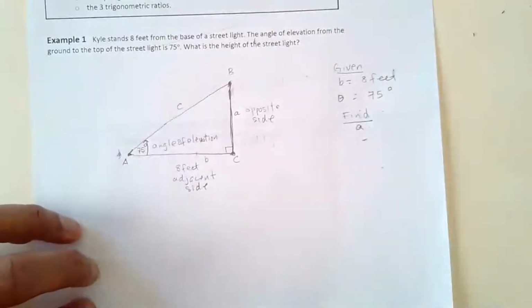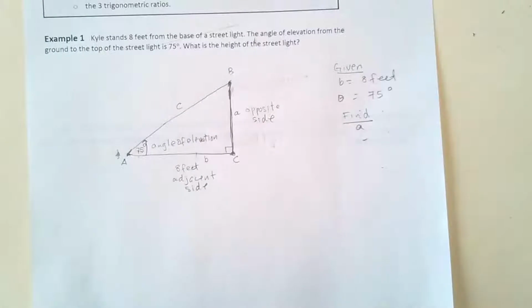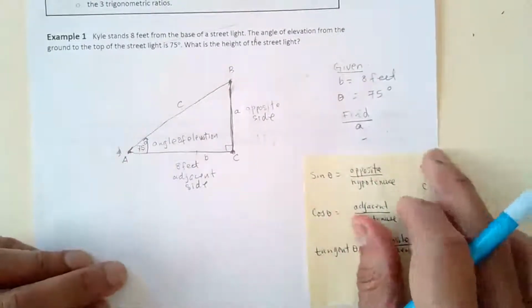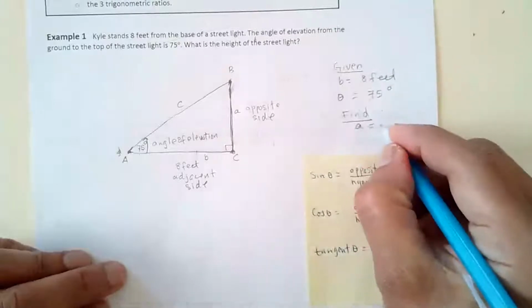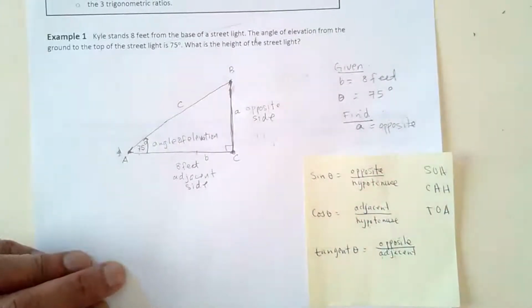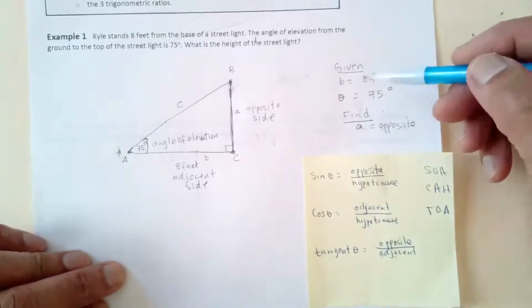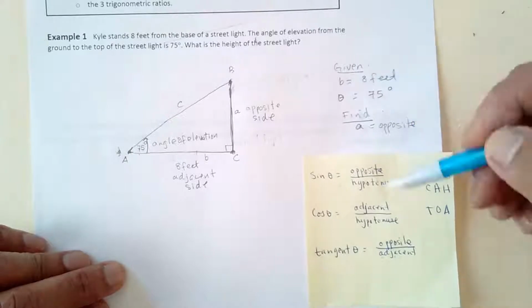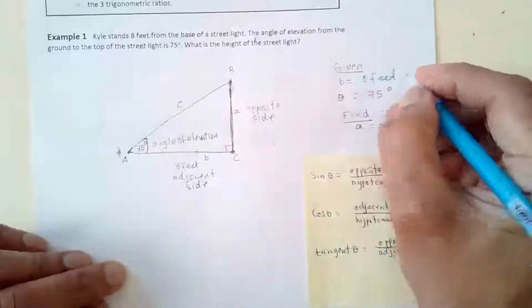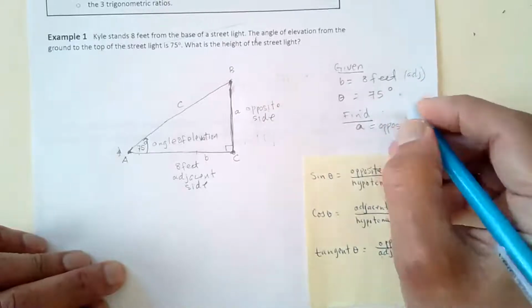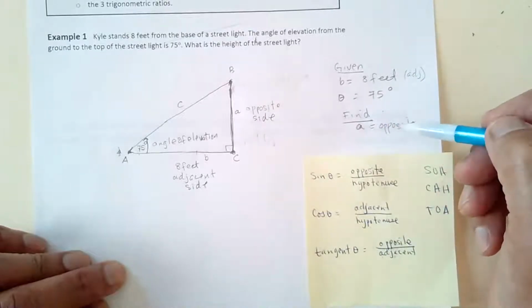So then I'll go to my trig ratios. I need to find A, which is the opposite side. So I have B, which is my adjacent side, ADJ here. And we have theta. So we need to find the opposite.